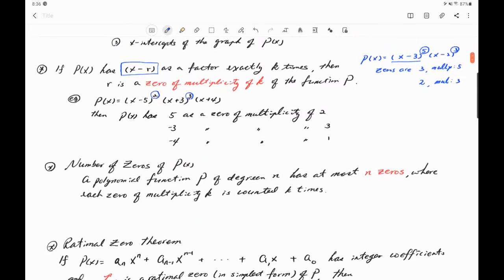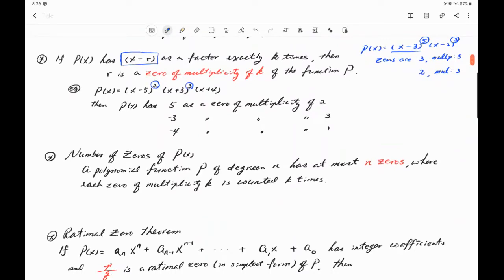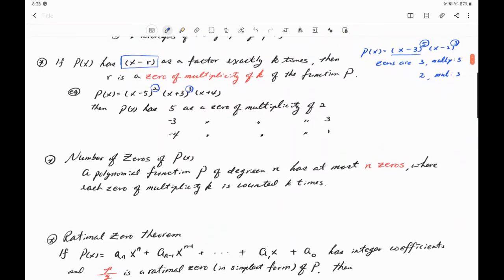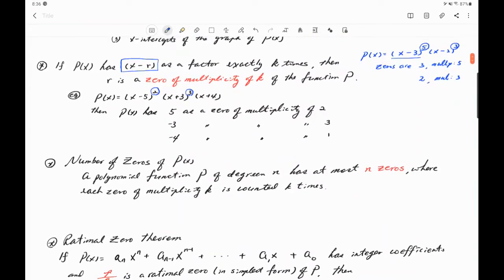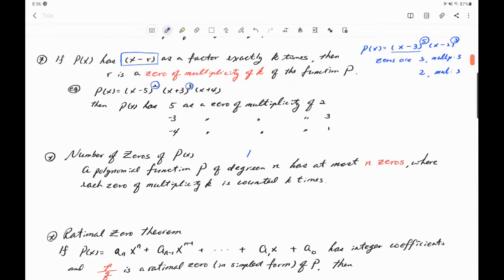All right. Okay, and the next definition is the number of zeros. How many zeros are possible? If you set p of x equal to 0, how many x-intercepts are there? Same meaning, how many zeros. It's really simple.